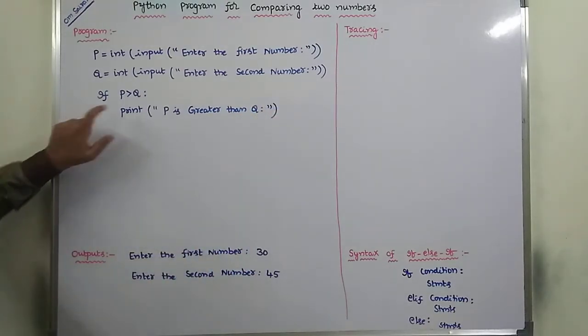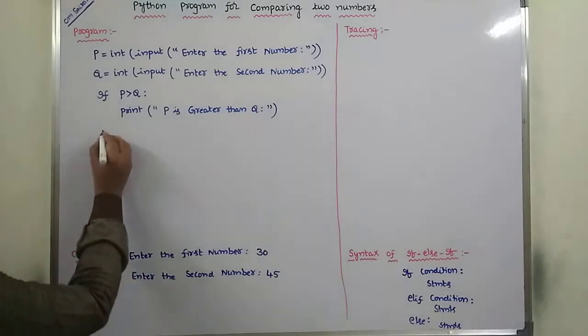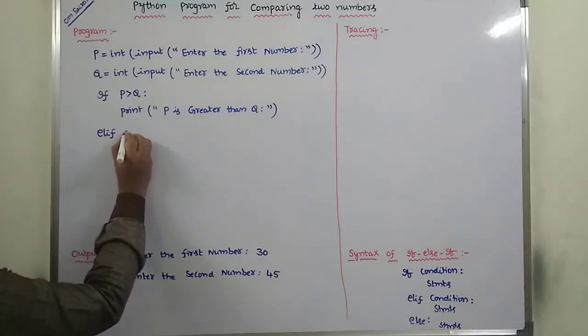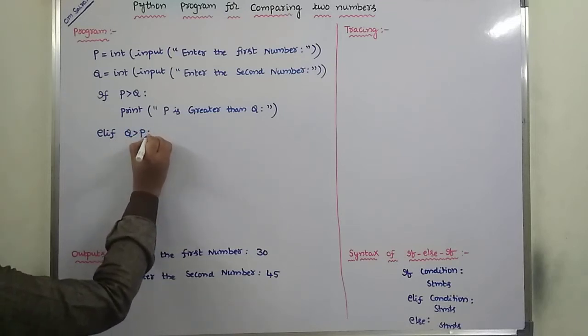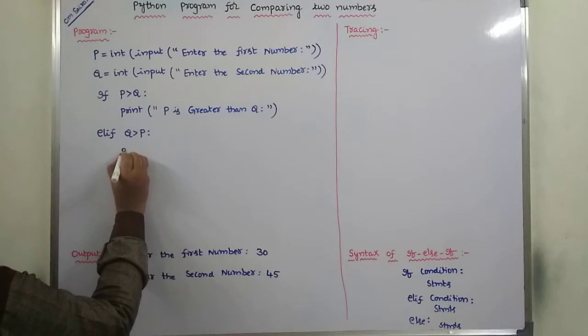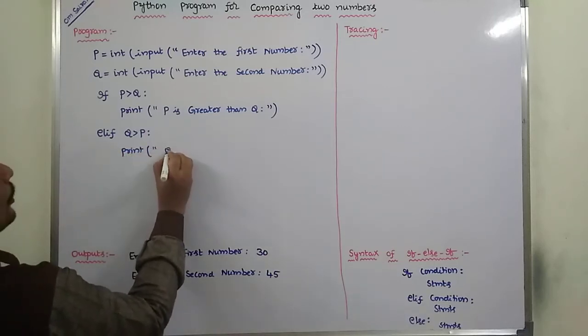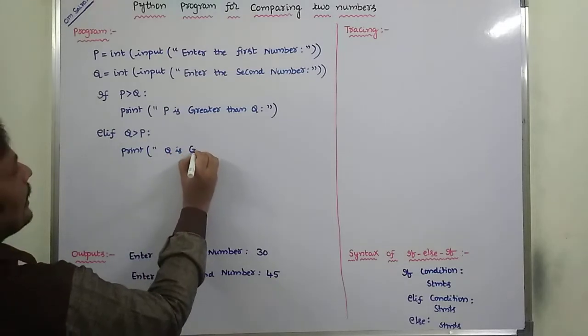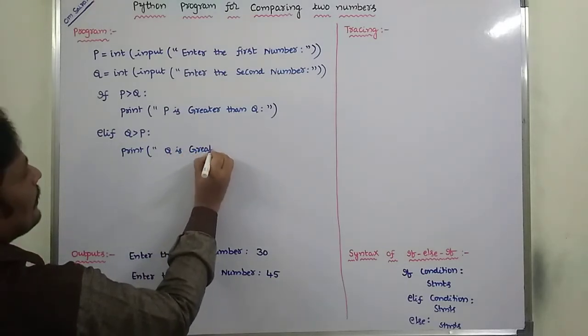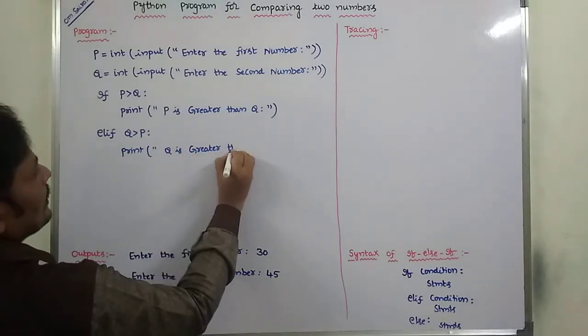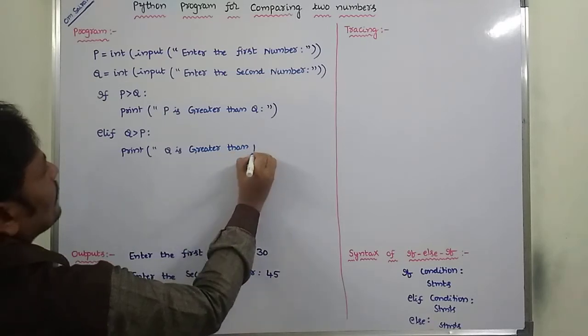Suppose this condition fails, then we go for elif Q greater than P colon print "Q is greater than P".